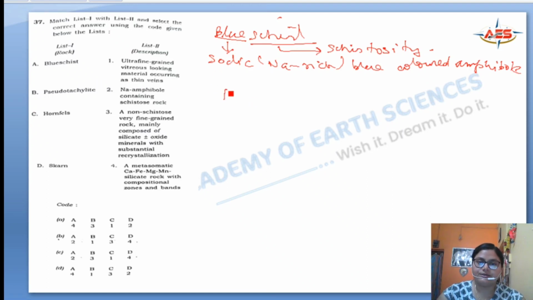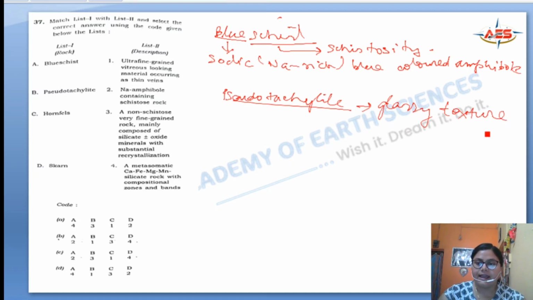What is pseudotachylite? Pseudotachylites are generally formed at excessively high pressure regions where the friction is very high. Due to frictional force, a glassy texture generally develops at the frictional grain contact, and here the grains are very fine in nature.